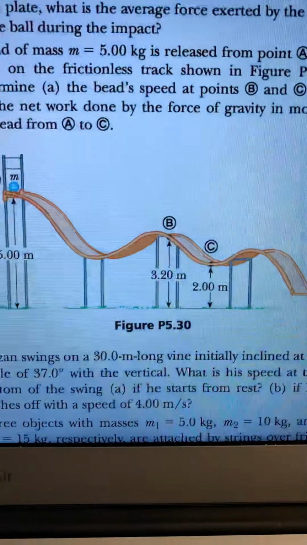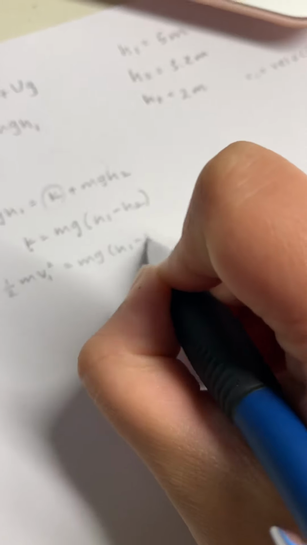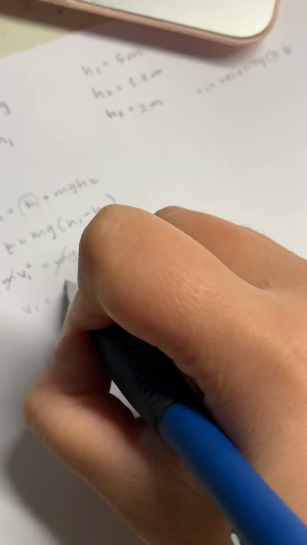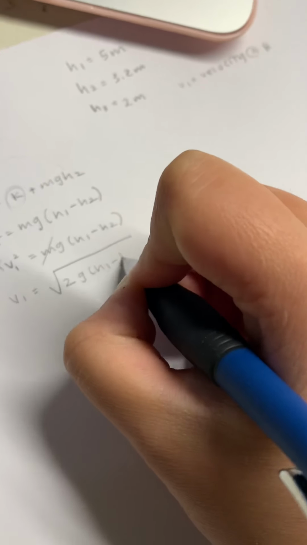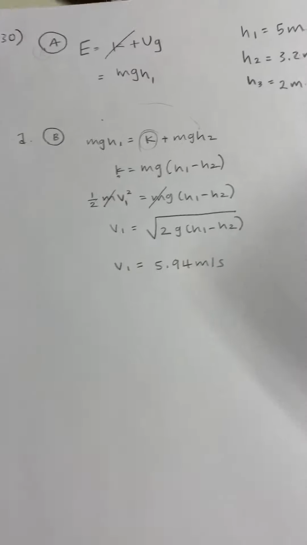We should also put subscripts because that's the velocity at point B, and we also have to solve for point C later, so to make it clear, I'm calling it v1, the velocity at B. When I solve for v1, it becomes 5.94 meters per second. So that's how you solve for the speed at B.